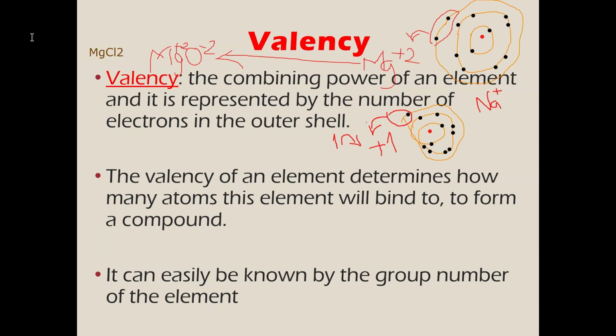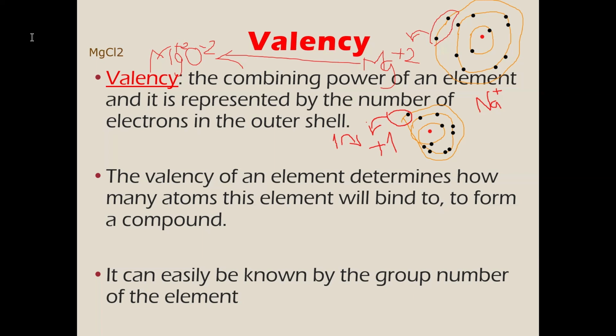It gives us predicted information, like what type of ion this atom will be converted to, and how many atoms it will bind to. And we can know it by the group number: group 1 has valency 1, group 2 has valency 2, and so on.